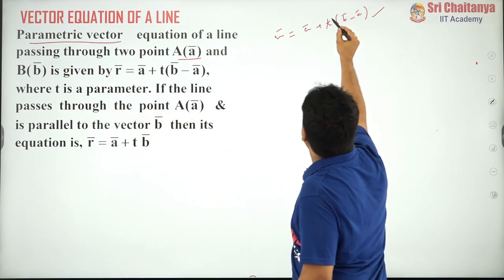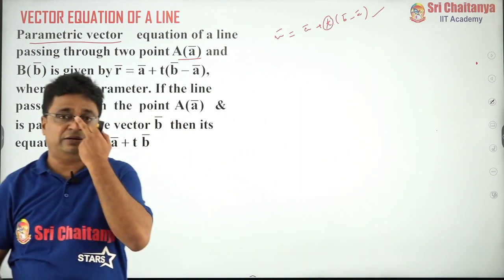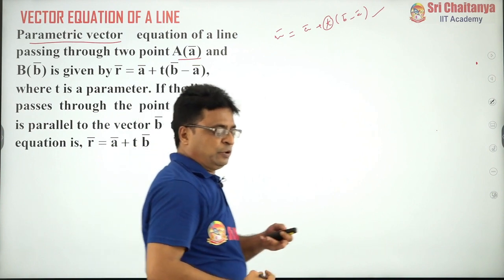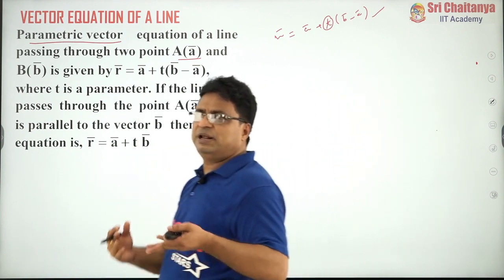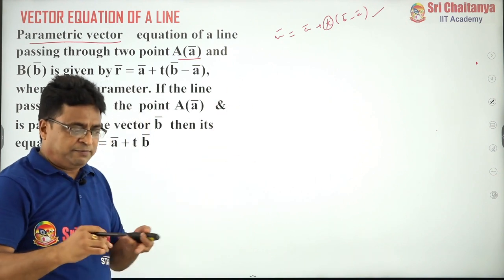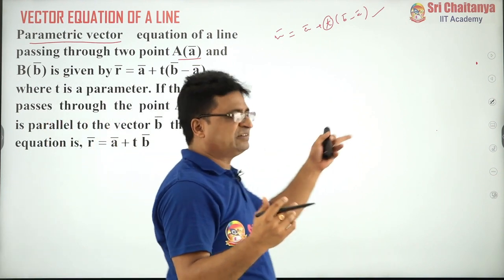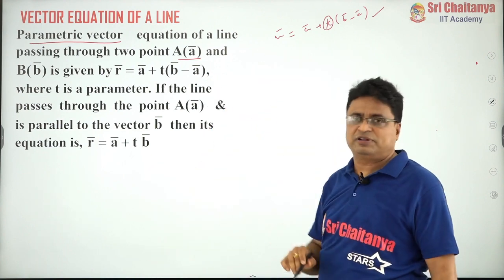Here t is the parameter. Parameter means any real number, any number I can imagine. You put instead of t 1 or 2, minus 1, half, 3 by 4, 5 by 6, you may get infinitely many points on the line, because between 2 points, this is the equation of the line. Based upon the equation, you may get the line.